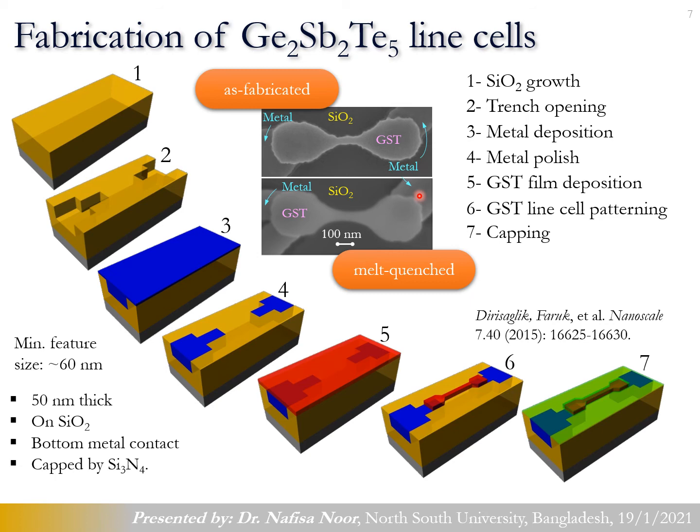The answer is that we call a device a nano device when it has a sub 100 nanometer dimension in any of its dimensions, either length, width or thickness. These devices are already 50 nanometer thick, which is already in the nanoscale regime. That's why these are already nano devices. No matter what width and length we take for these devices, all of them would be nano devices because of the nanoscale thickness.